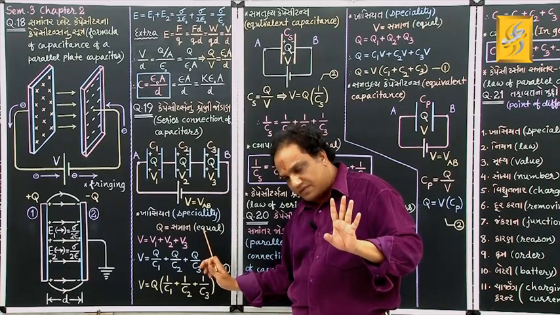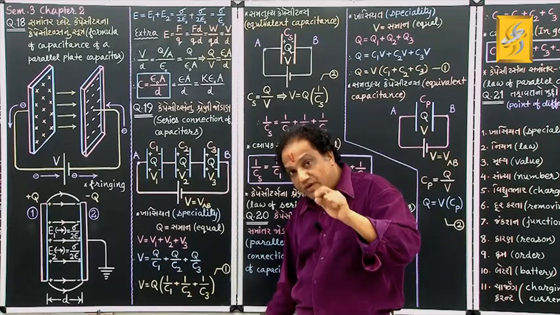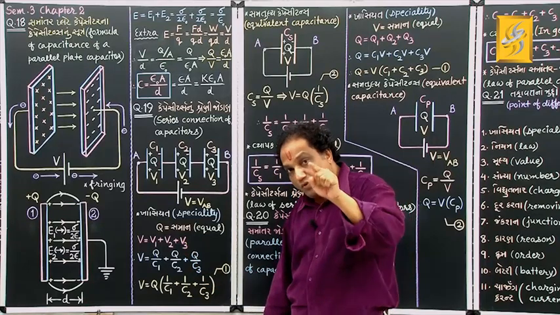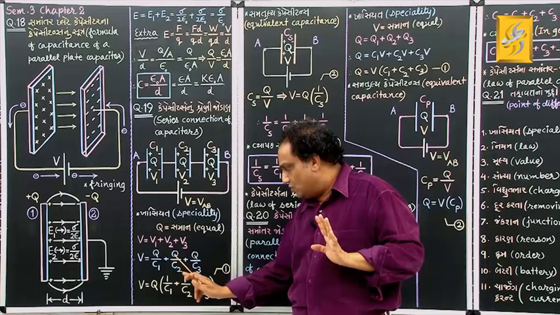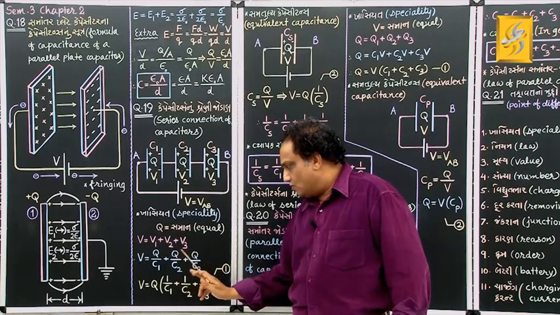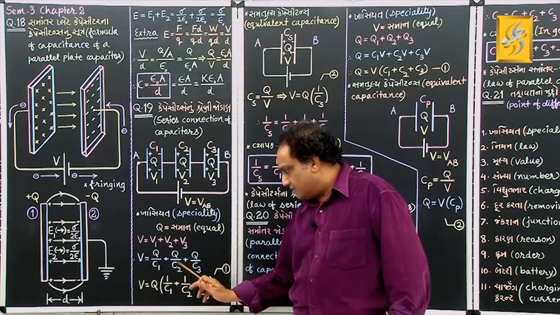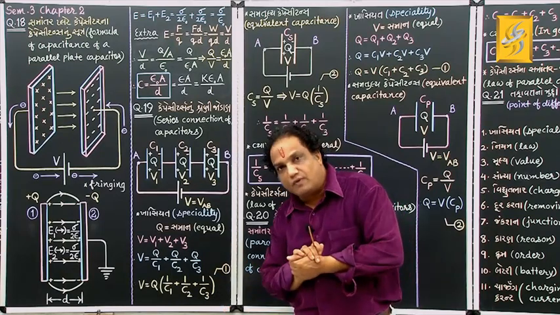Similarly, V2 will be Q upon C2. V3 will be Q upon C3. Correct? Come on. Q, Q, Q. Charge is equal. Take Q common. Inside the bracket, 1 upon C1 plus 1 upon C2 plus 1 upon C3. Just give it equation number 1.